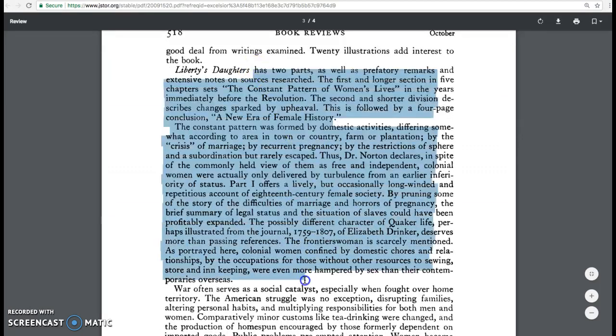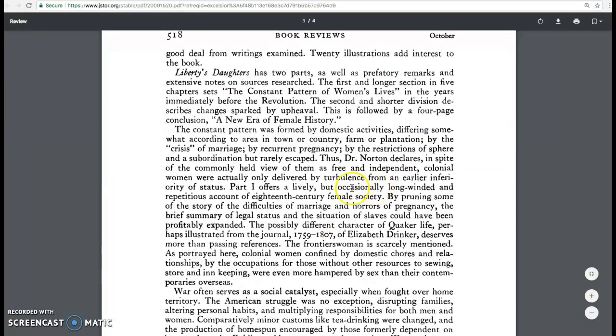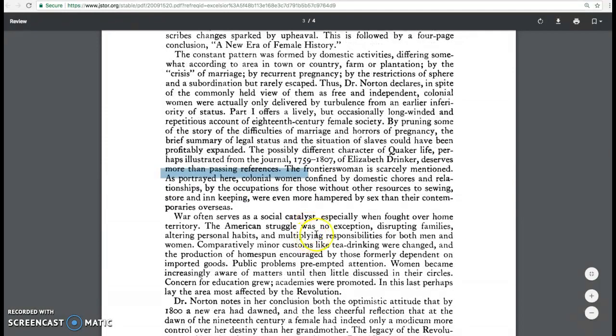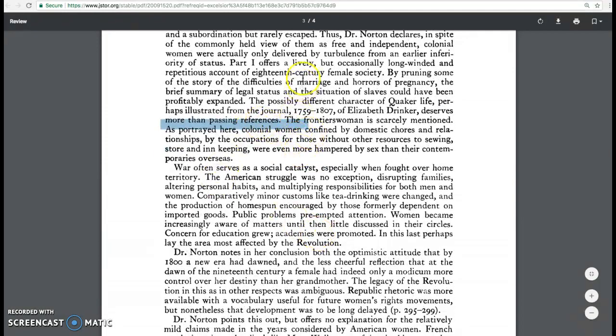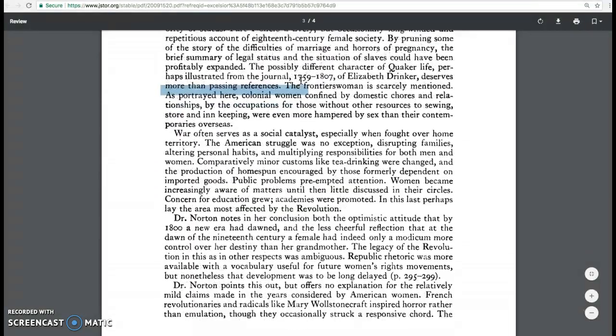These 2 sections are about the book itself. It has some critique, occasionally long-winded and repetitious. Frontier is scarcely mentioned. So those are some critiques in those couple paragraphs about the content of the book.